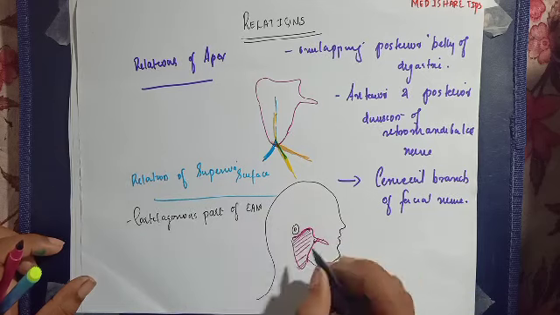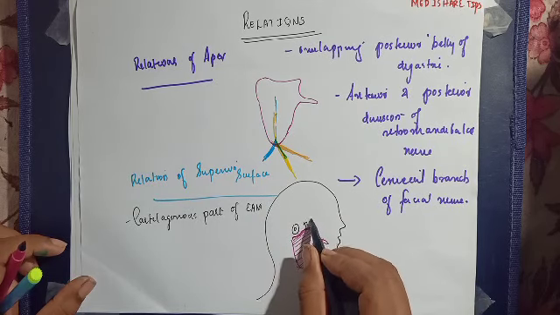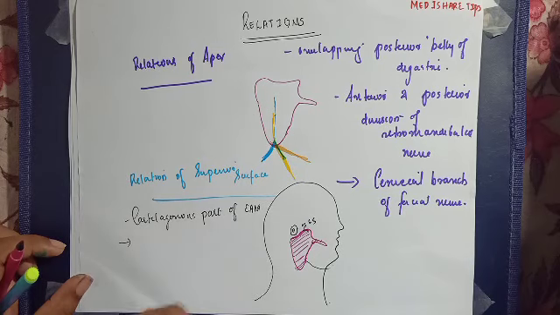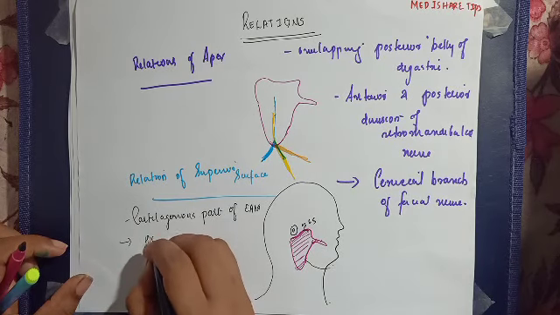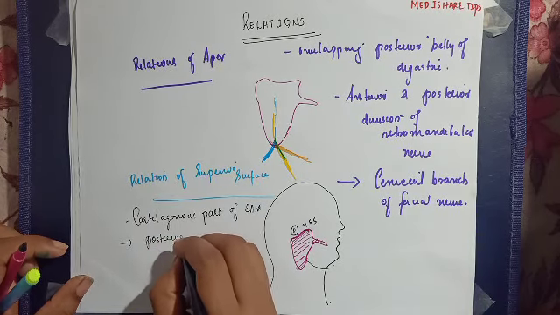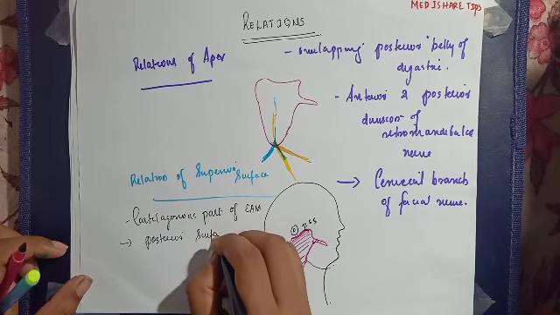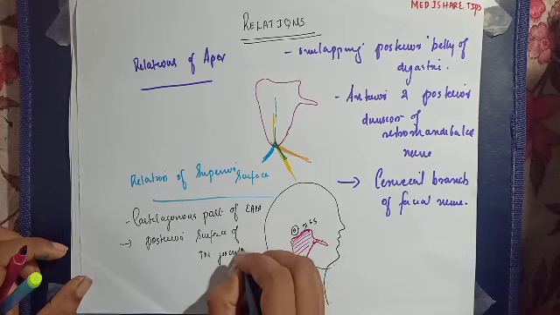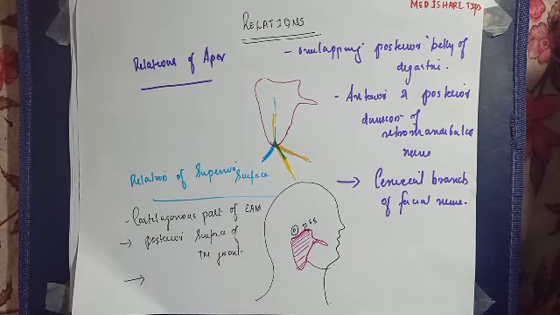Another relation, here you have the superior surface, and here the posterior surface of the temporomandibular joint, the TM joint. Now you have some vessels and a nerve here.